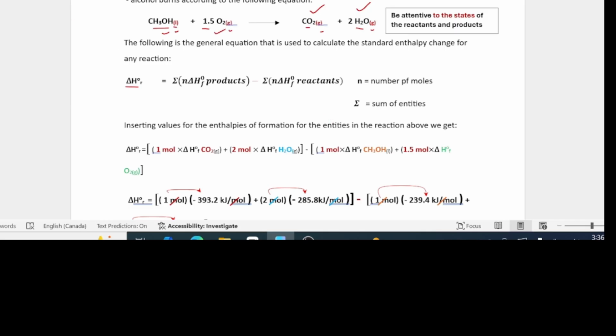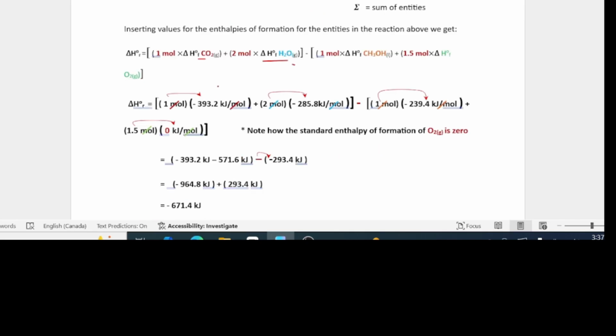In this reaction here, we'll take the standard enthalpy of formation for 1 mole of carbon dioxide, add that to 2 moles of standard enthalpy of formation for water vapor, and subtract from that 1 mole of the enthalpy of formation for methanol plus the enthalpy of formation for 1.5 moles of oxygen.